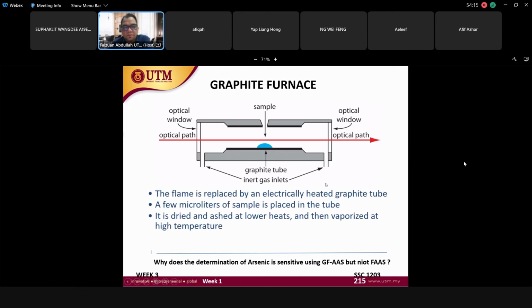So the flame is now replaced by an electrically heated graphite tube. A few microliters of sample are placed in the tube, dried, ashed at lower heat, and vaporized at high temperature inside the tube. The atomization happens, and this is much more efficient than flame because all the atomized analyte is inside the tube.